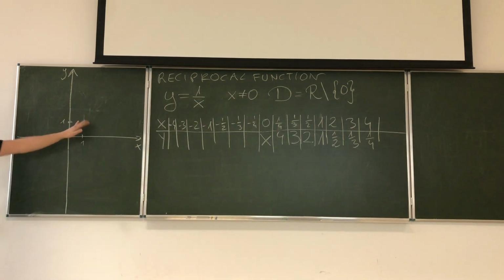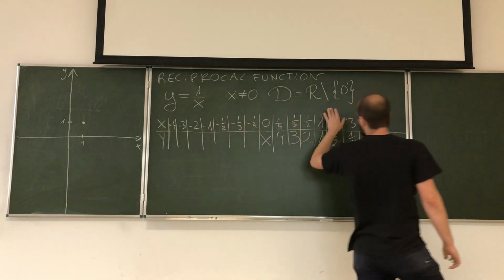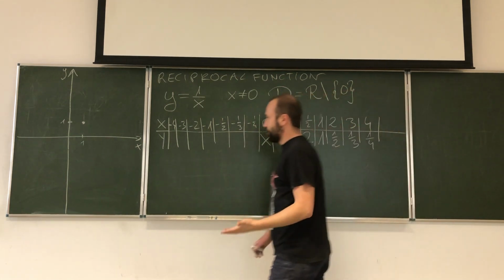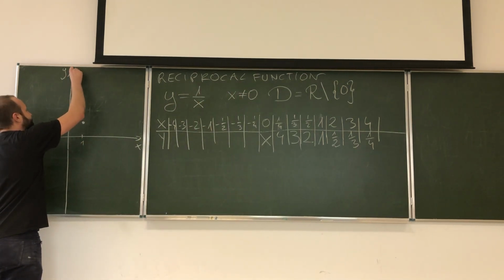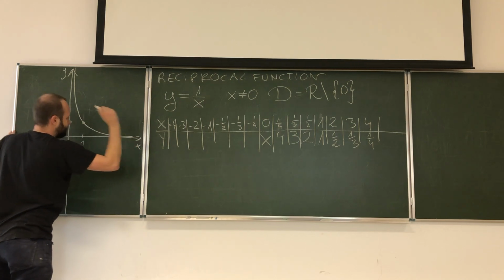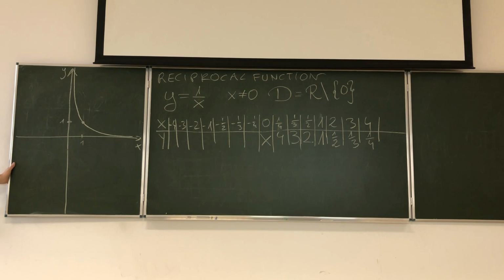But what happens to the right of 1, of this point? Here, we are dividing by a bigger and bigger number. So the values of the function should get smaller and smaller. Okay, so this is how this function will look.